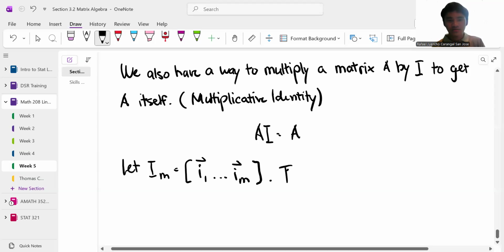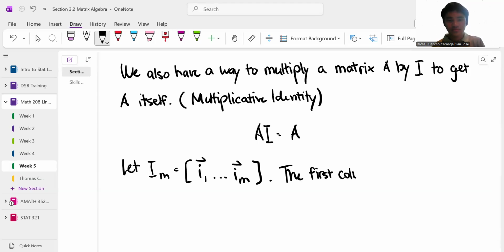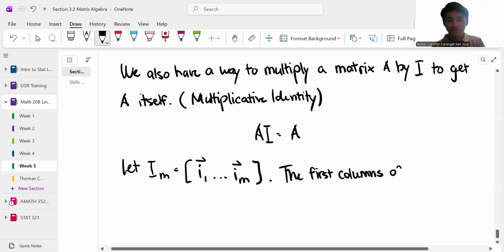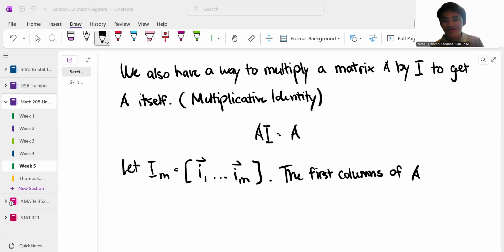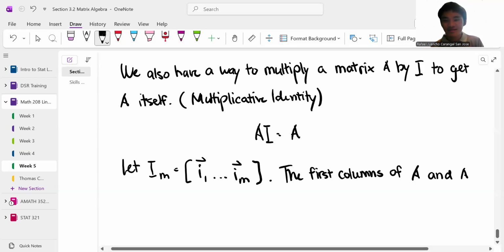So we say the first columns of I, or A in this case, should be the same as AI. The columns of A and AI must be the same.